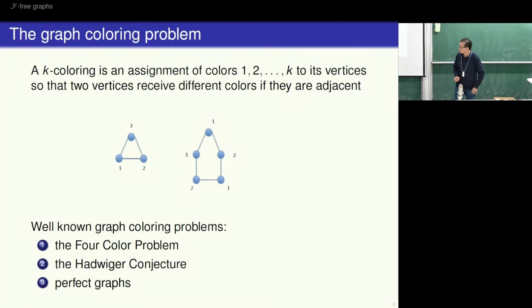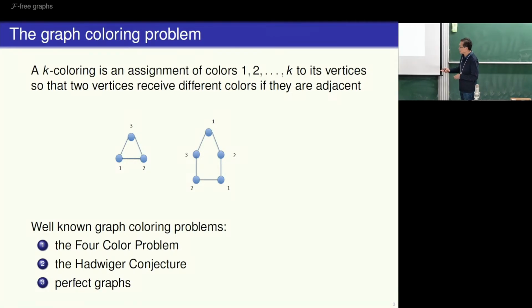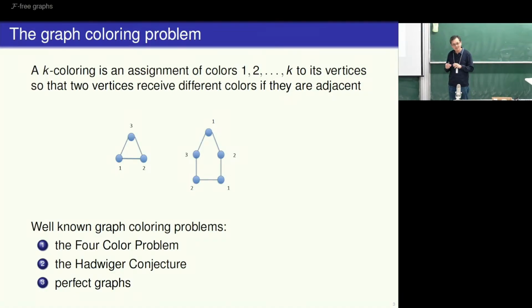But what I want to talk about is induced subgraphs of a graph. The four-color theorem and the Hadwiger conjecture are about forbidding partial subgraphs that are contracted to a clique.